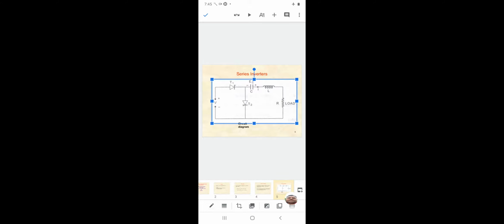The resistance load is connected with the cathode terminal of thyristor T2, or the negative supply of the battery. So this is called the series inverter circuit diagram.